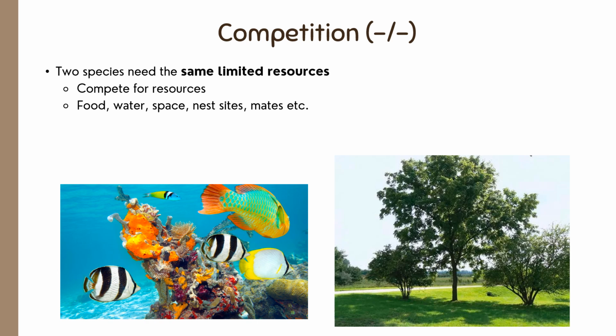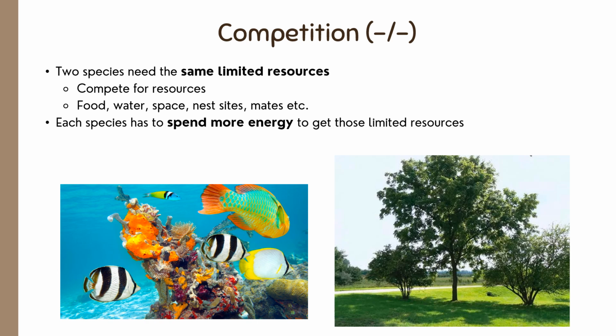So they're competing for the resources, whether that be food, water, space, nest sites, mates, whatever it is. Each species then has to spend more energy to get those limited resources, and the spending of more energy to get these limited resources is how each species is disadvantaged by this interaction. And this also may lead to reduced ability to survive.